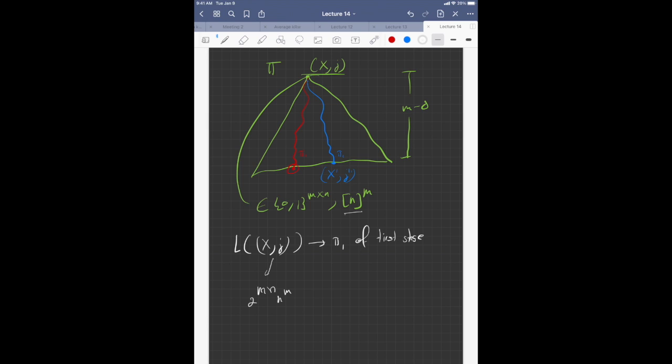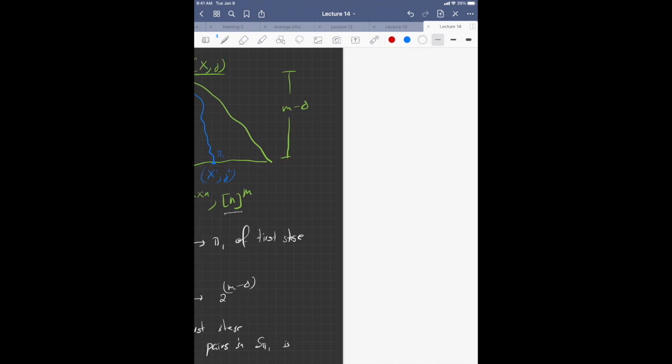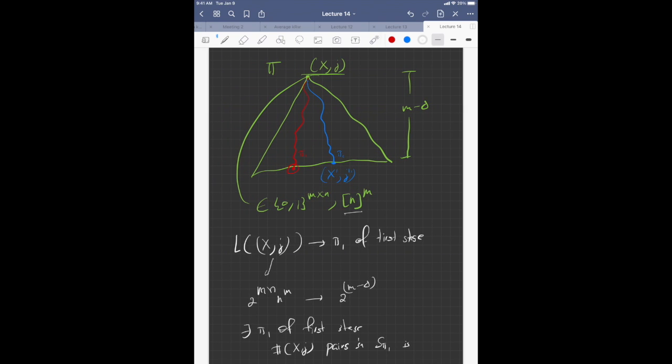So there are this many xj pairs, and they have to go into 2 to the m minus delta labels. So there exists some pi 1 of the first stage such that the number of xj pairs supported by pi 1 is at least 2 to the mn times n to the m divided by 2 to the m minus delta.